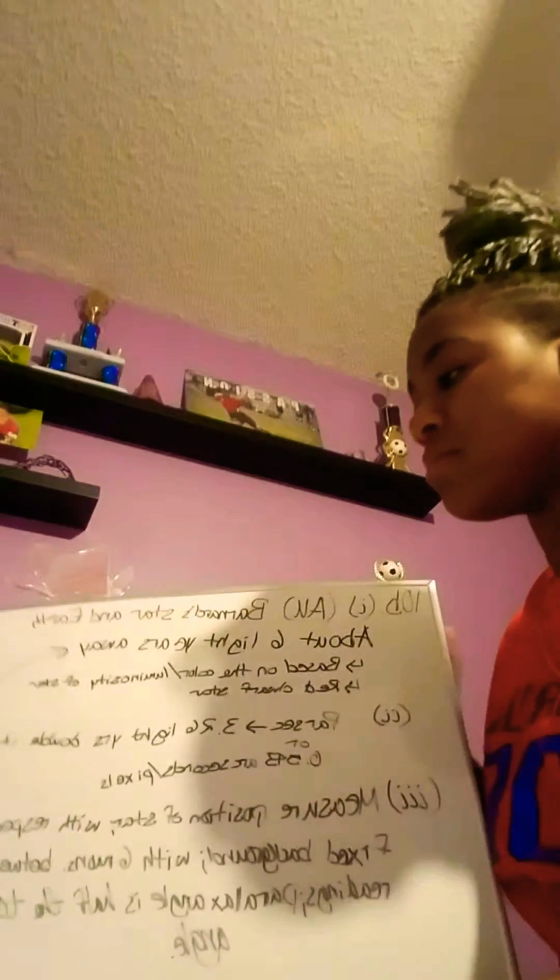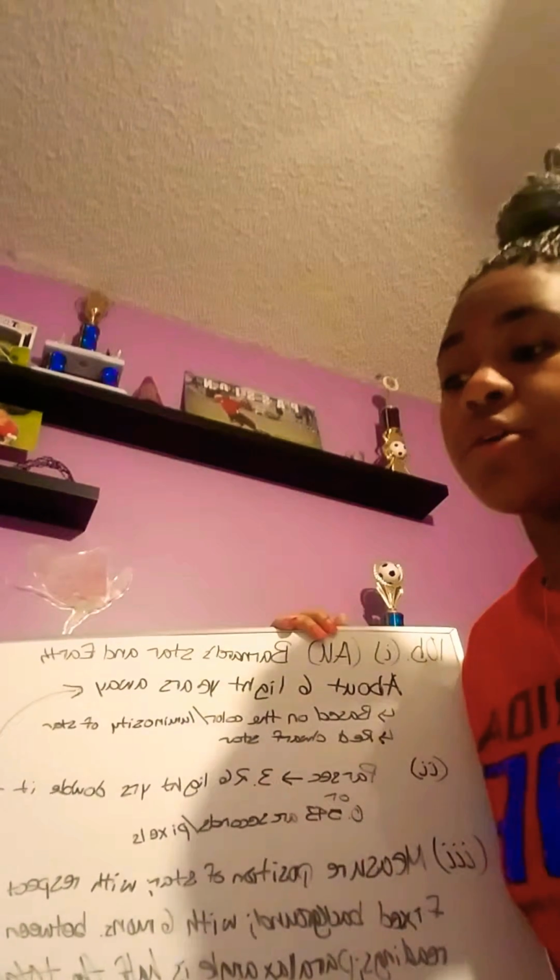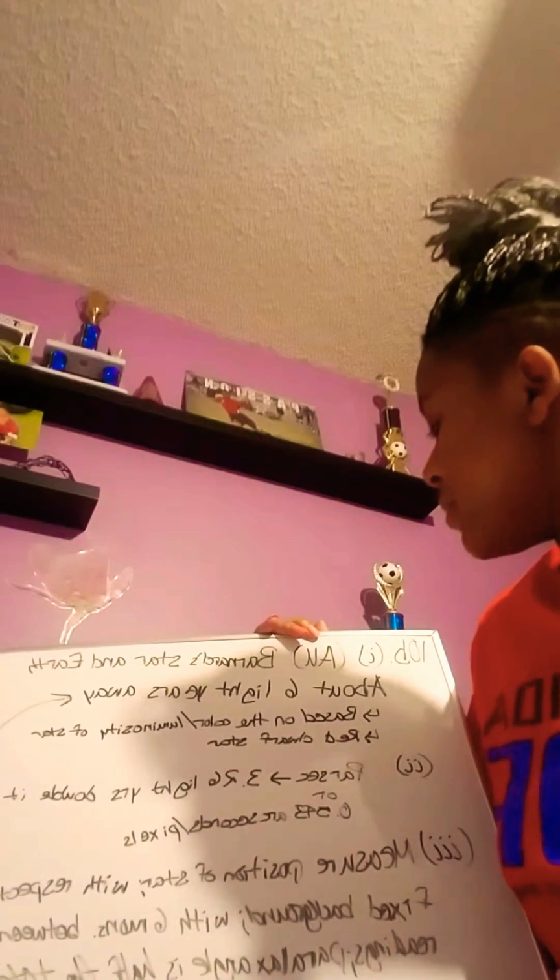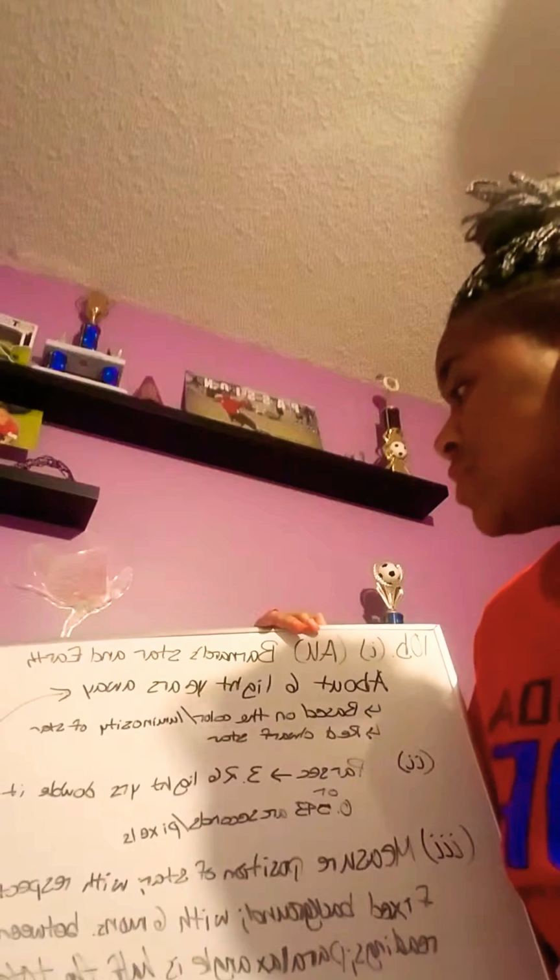So yeah. Now moving on to 10B, it's looking at determining in astronomical units the distance between Earth and Barnard's star. It was about 6 light years away, based on the color and the luminosity of the star.